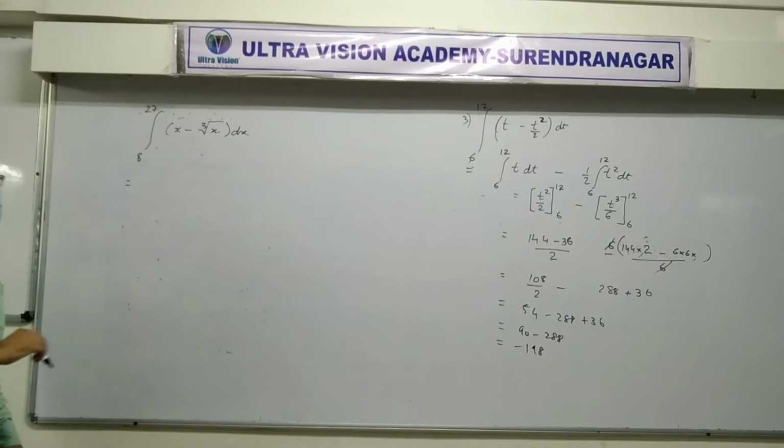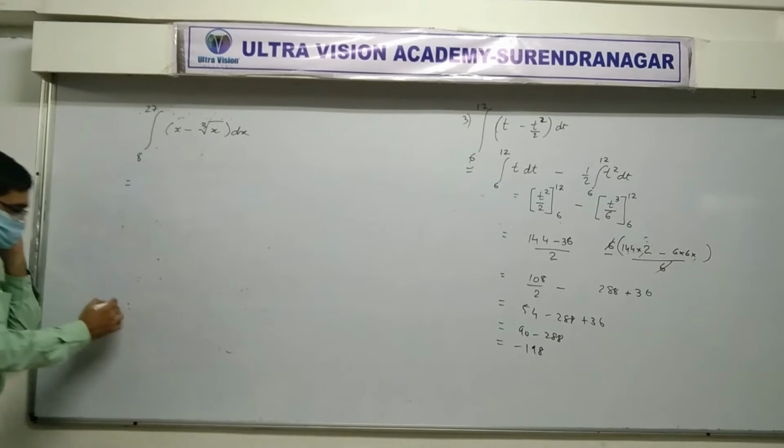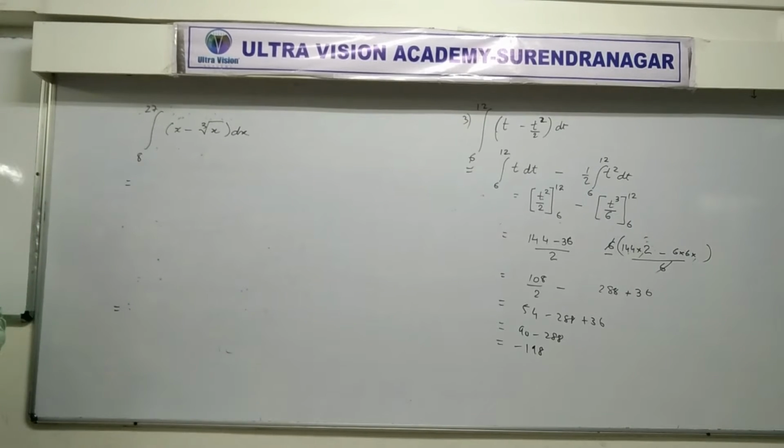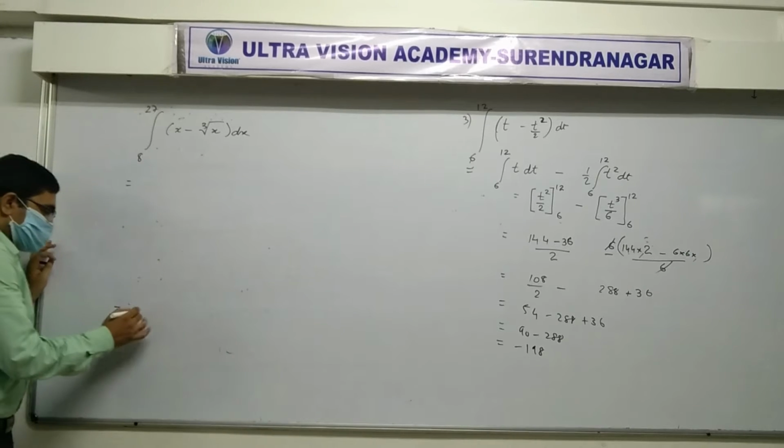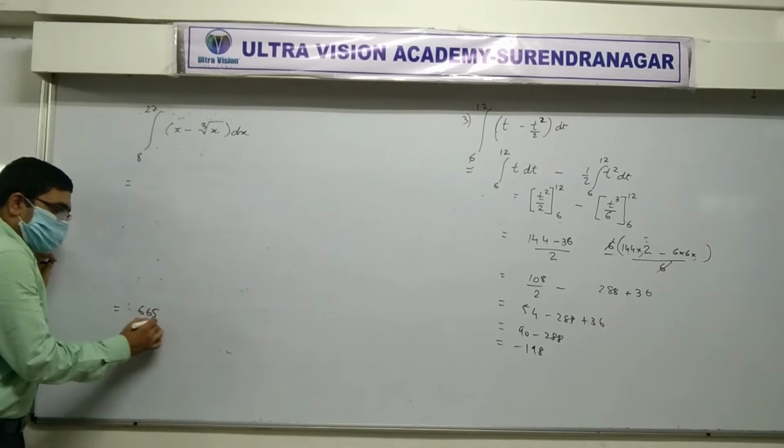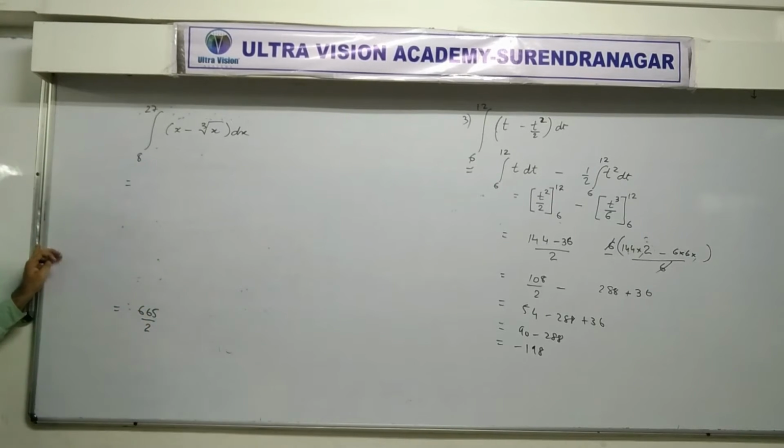So we've got an answer to this question. Okay, yes, Zoya, what's your answer? Louder. 665 upon 2. Okay, who gets the same answer? Means you have simplified it after this.